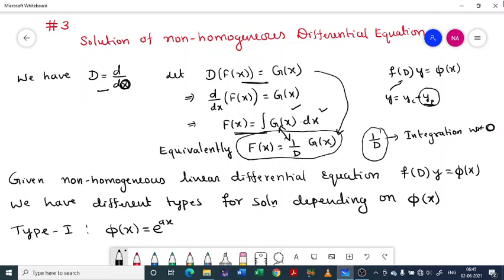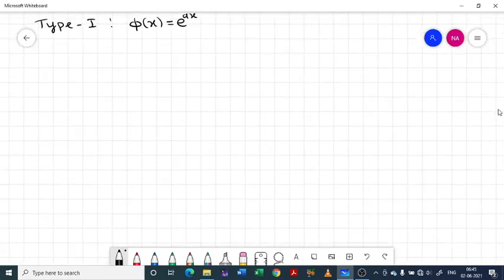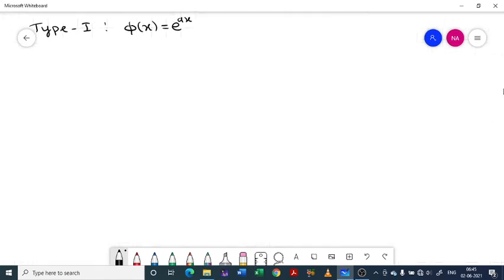If phi of x takes different forms, then the method to evaluate the particular integral takes different forms, depending on phi of x. So throughout our discussion we are going to consider many types of the right hand term phi of x. We are going to see phi of x in many different forms.